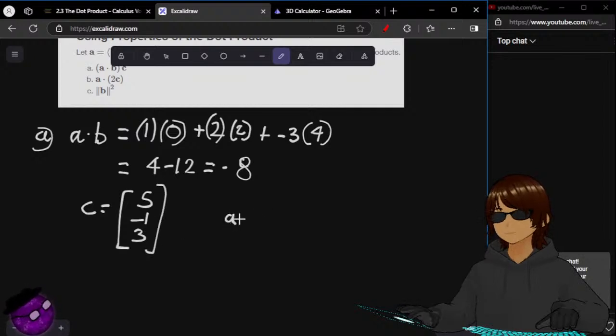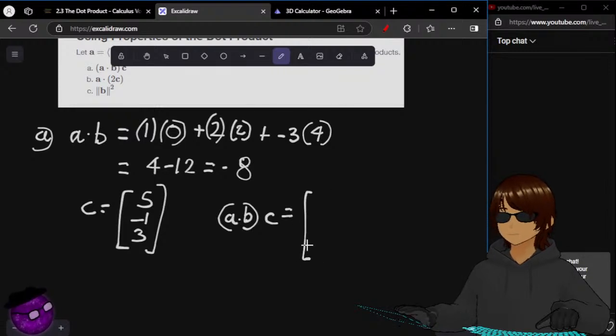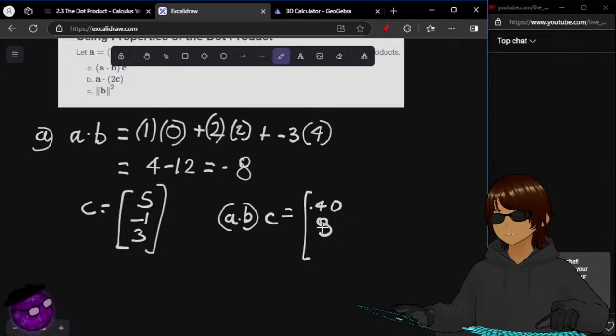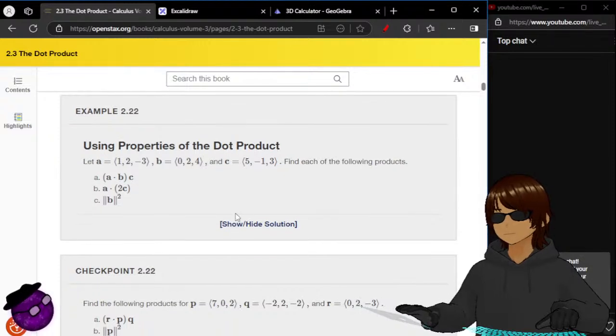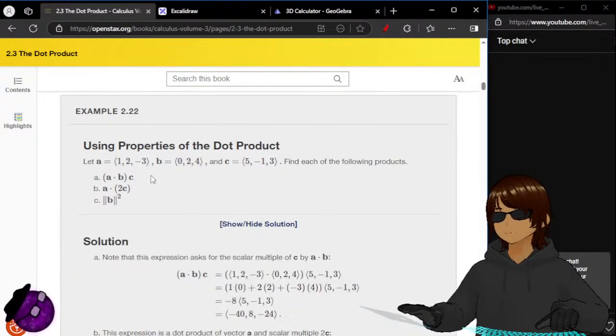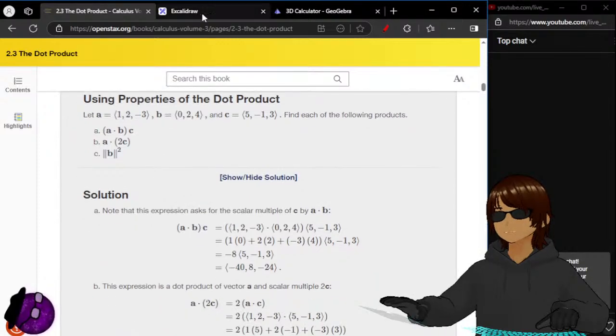So then the dot product times vector C gives 40, minus 48, and minus 24. I will just do the first one and only. So minus 48, minus 24.